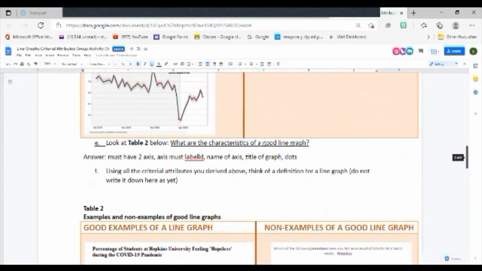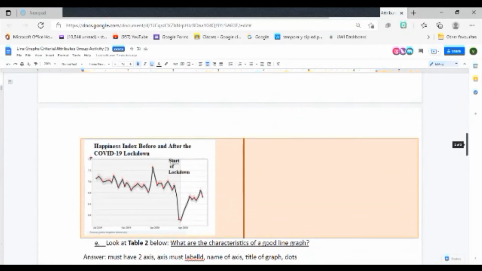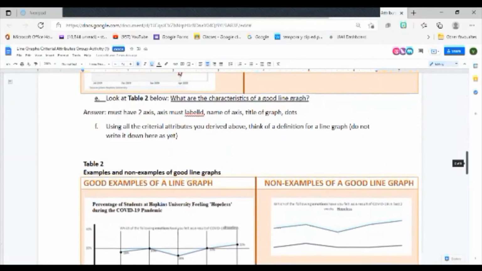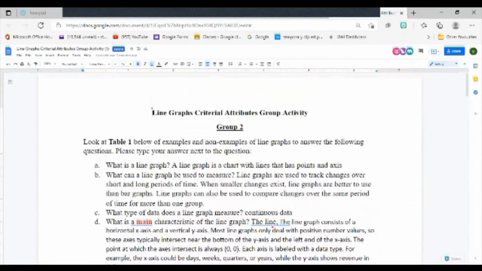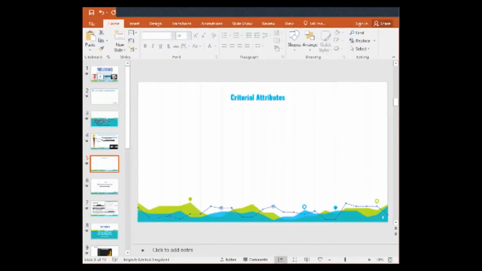So I guess you answered the characteristics as well up here. Okay, I see that. And as I asked you all to do, we will discuss the definition after. So good job, group two. All right, let's return.